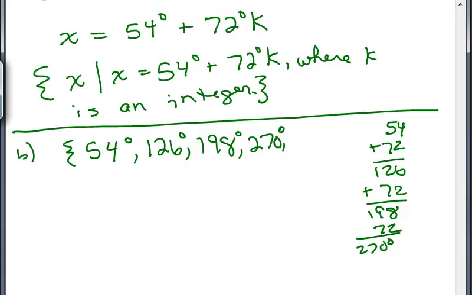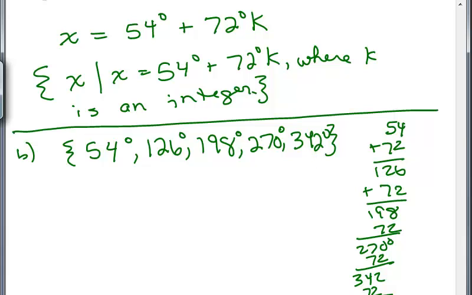And if I add 72 one more time, I have 342 degrees. If I add 72 one more time, I'm over 360 degrees. So these are our solutions: 54 degrees, 126 degrees, 198 degrees, 270 degrees, and 342 degrees.